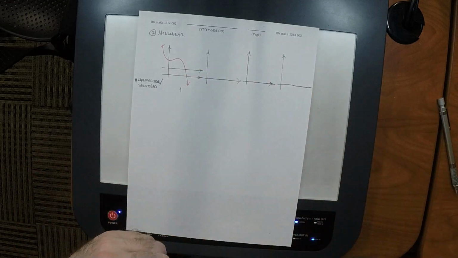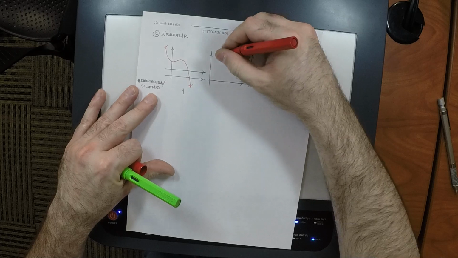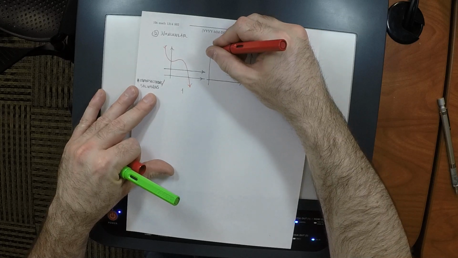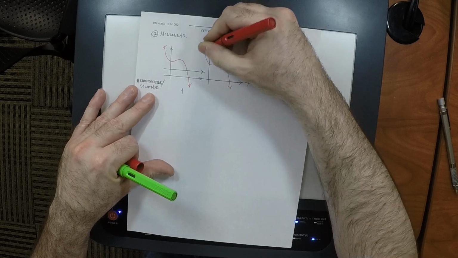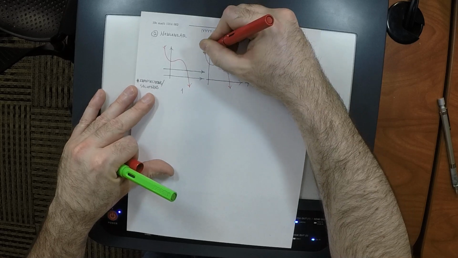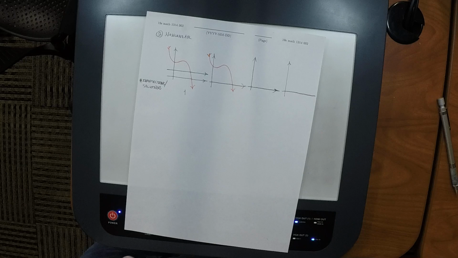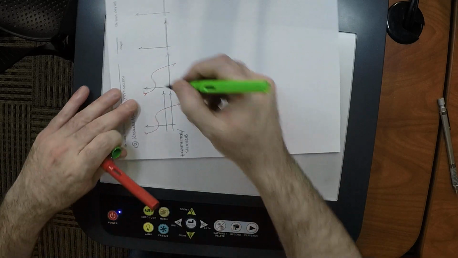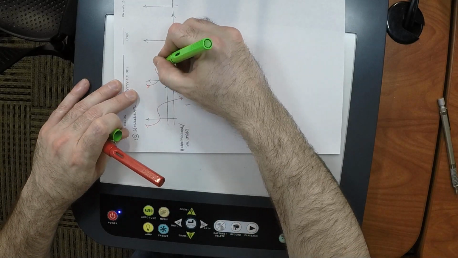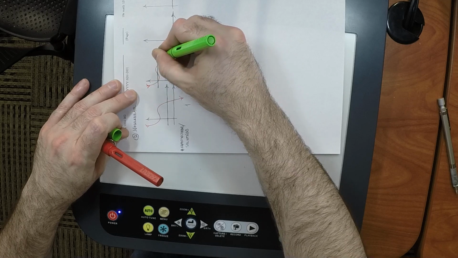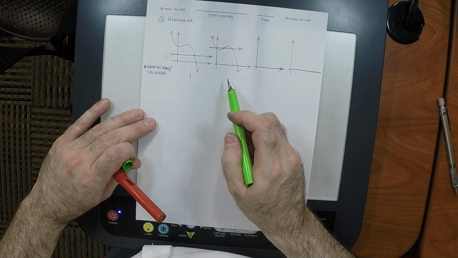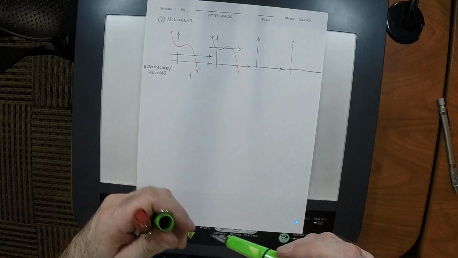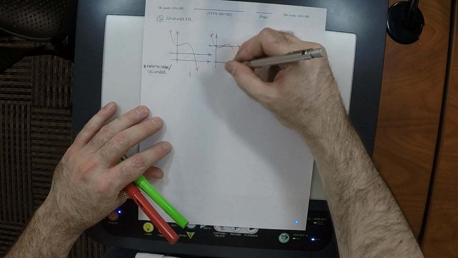Okay, but if I take that same bendy red thing, more or less the same, and I put the green line somewhere else, say right here, then now how many intersections? Three now.